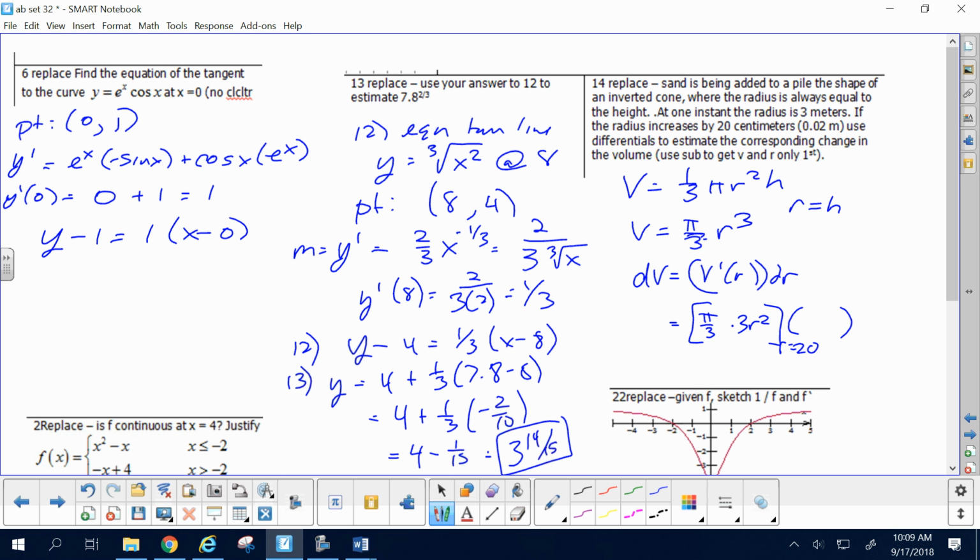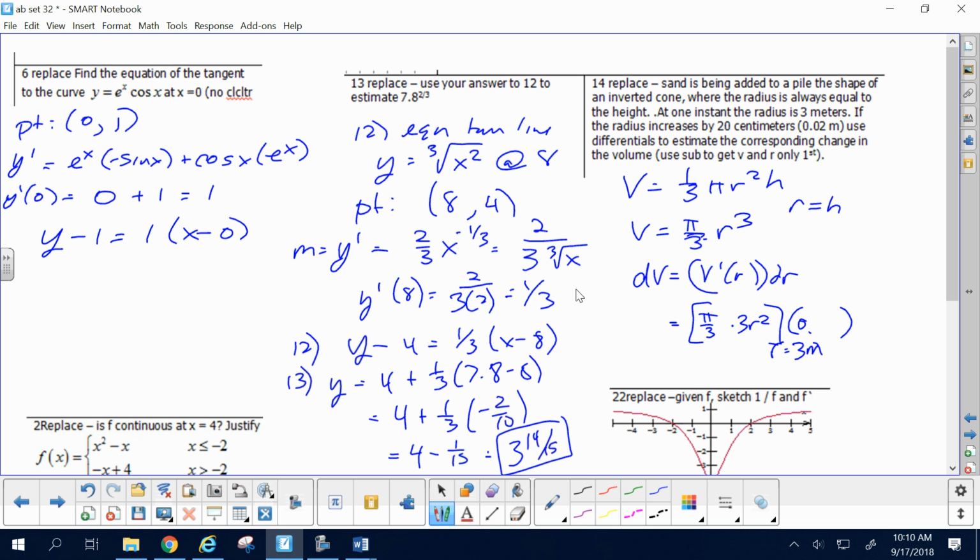Oh sorry, never mind, not 20. At one instant the radius was 3 meters, yeah? The radius is 3 meters. The radius increases by 20 centimeters. Now we have a little bit of a unit problem here. We need to be consistent. So if I'm using meters there, I need to make 20 centimeters meters. 20 centimeters is how many meters?